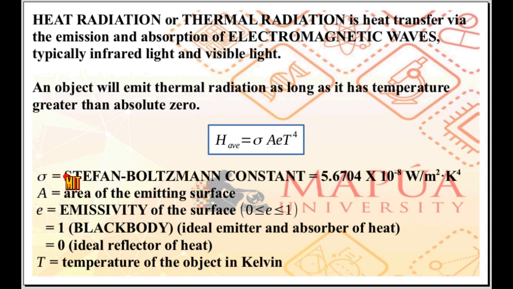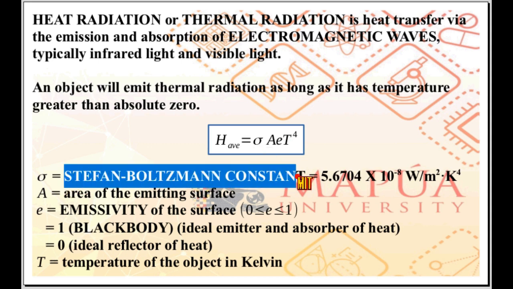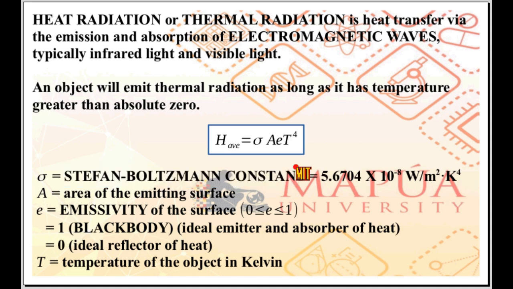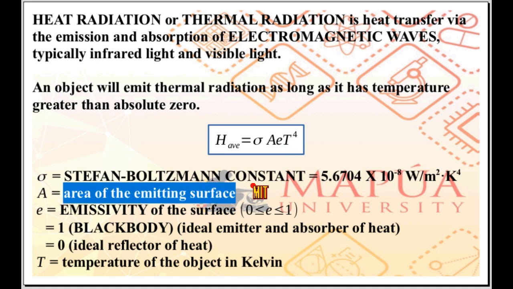Sigma is a constant, the Stefan-Boltzmann constant. It's equal to 5.6704 times 10 to the negative 8 watts per meter squared Kelvin to the fourth power. And area A is area of the emitting surface.